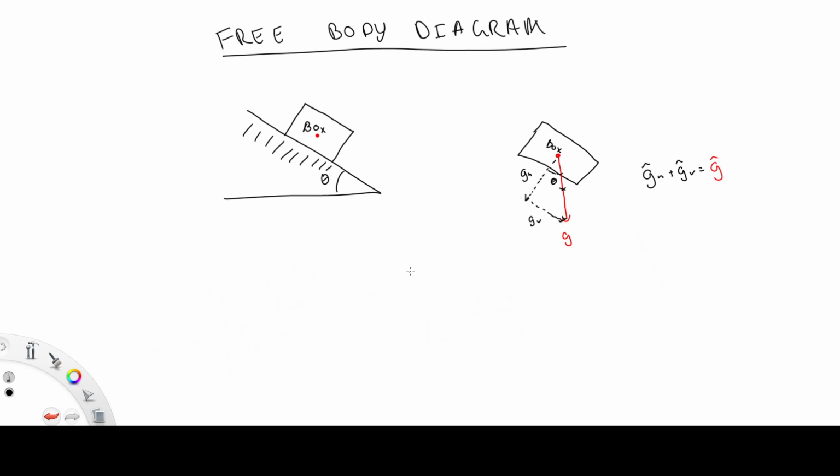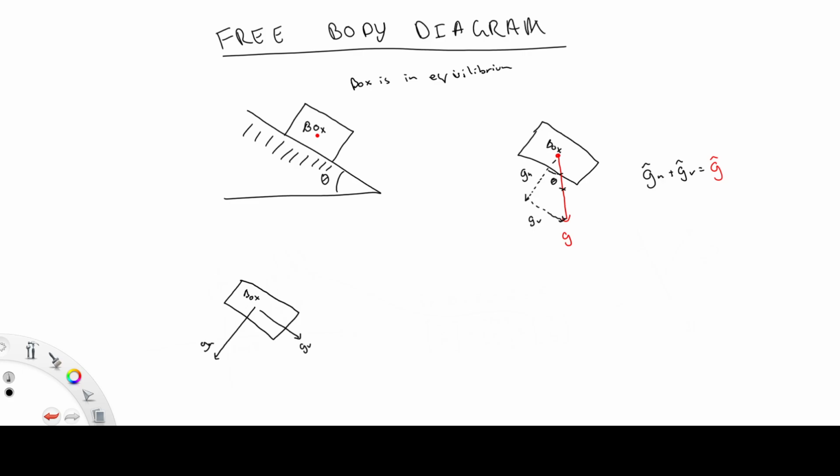Now the next part of all of this is the following. So you've got the box like this, okay? The gravity force, rather than putting the gravity force, I put its vertical and horizontal components like this. So I put GH and then GV. So we've got these two forces acting on the box, but I said that the box is in equilibrium, which means it is not moving.